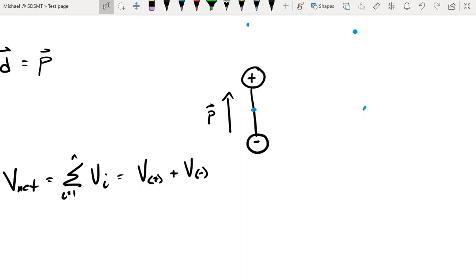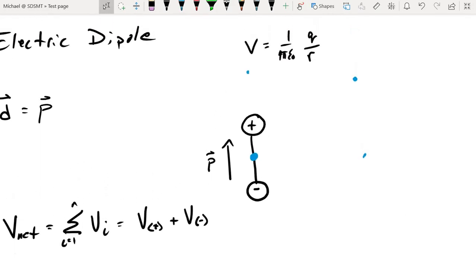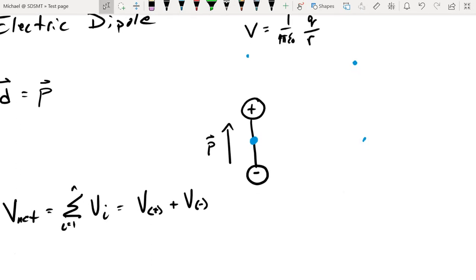So let's try the center point of our dipole, because that was actually where our author wanted us to measure things from. Our author wanted us to use the midpoint of the dipole to measure things like the electric field. And so maybe we should try that in this case.